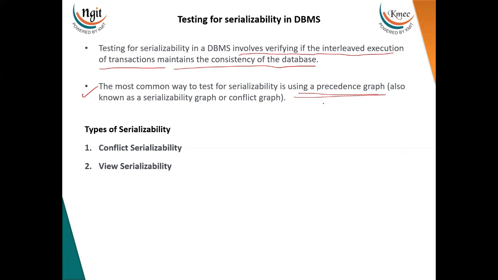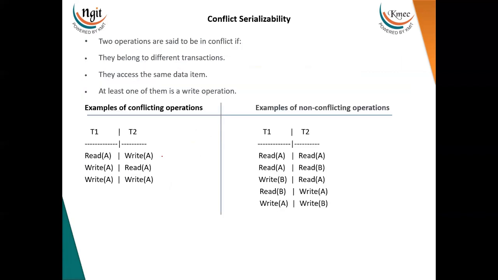We are going to learn what is precedence graph in the next slide. And we have two types of serializability, namely conflict serializability and view serializability. Let us see what they are. Conflict serializability. Two operations are said to be in conflict if they belong to different transactions, they access the same data item, and at least one of them is a write operation.